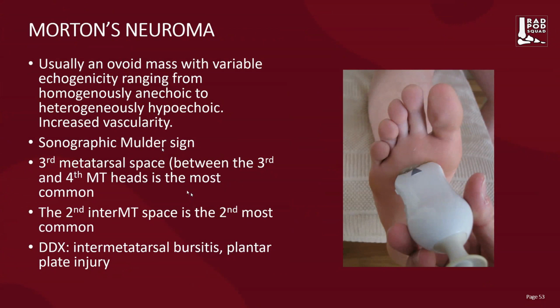We'll look to perform a sonographic Mulder sign, looking most commonly in the third metatarsal space between the third and fourth metatarsal heads, but also at the second intermetatarsal space, which is the second most common. Of course, the differential diagnosis we're looking for is to differentiate a Morton's neuroma from intermetatarsal bursitis or even a plantar plate injury.